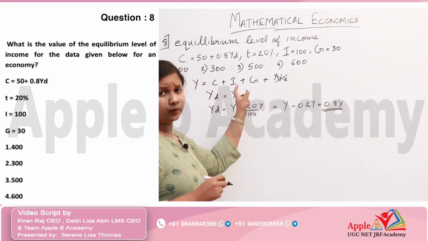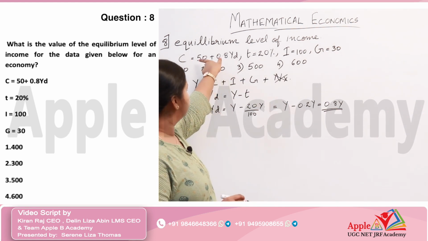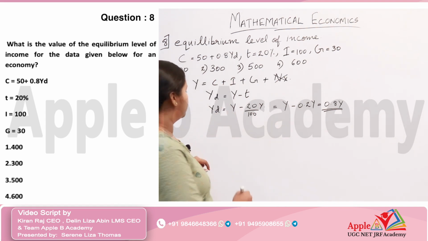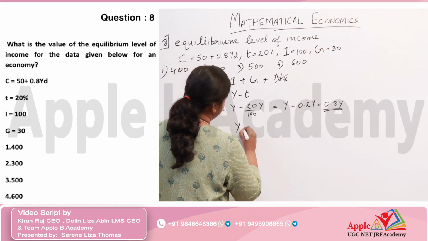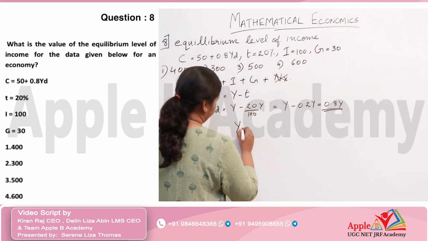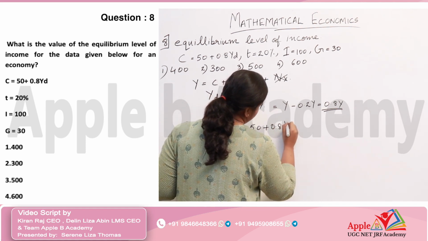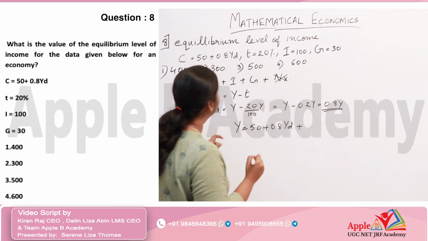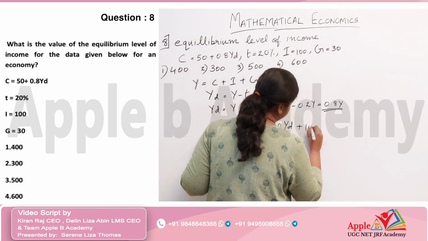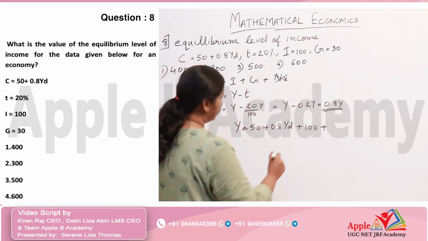Now, we will substitute this C, T, I and G in the original equation. So, Y is equal to C. C is 50 plus 0.8 YD, plus I is equal to 100, plus G is equal to 30.